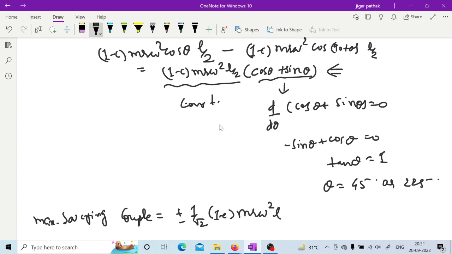If you put theta equal to 45 here, then it will be 1 by root 2 (1 minus c) m r omega square into L, right? Sir, in the equation it is sin theta plus cos theta, so it will become root 2, right? Yeah, one second.